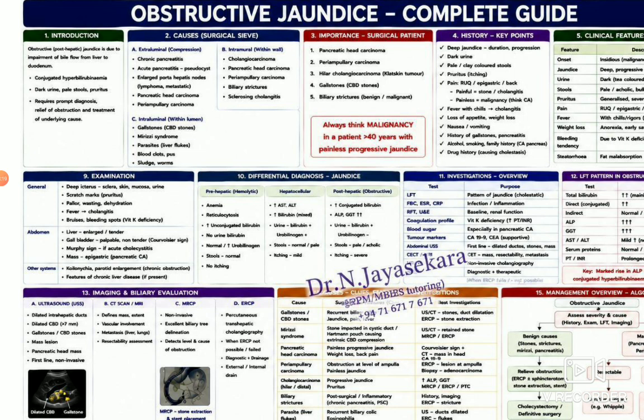As a result, patients develop bulky, greasy stools, steatorrhea, and deficiencies of fat-soluble vitamins A, D, E, K. Vitamin K deficiency is surgically very important because vitamin K is needed to produce clotting factors. So patients develop prolonged PT/INR, bruising, and bleeding tendency.